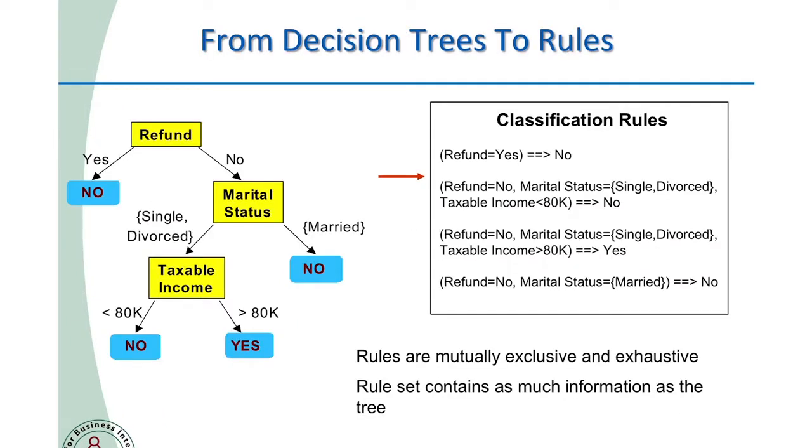Now in this slide, we can see that we can convert the decision tree into what we call classification rules, which are portable enough that we can create business policies from them.